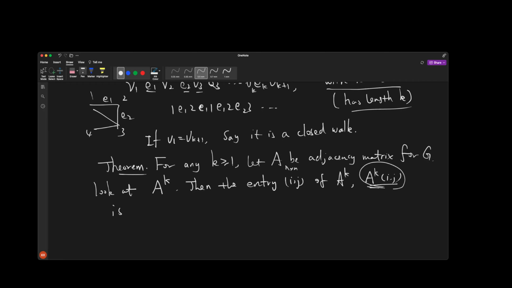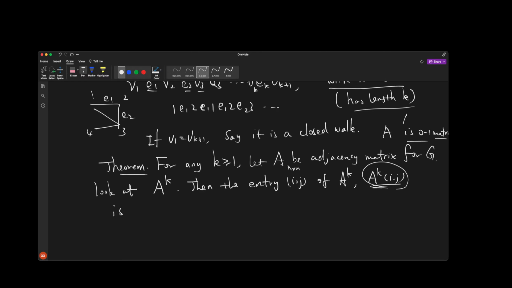Remember A is a 0, 1 matrix, and we put A times A times A, k times, which gives me A to the power of k. So it's another matrix. And I pick a position ij. I talk about the entry at this position for this matrix A to the power of k.